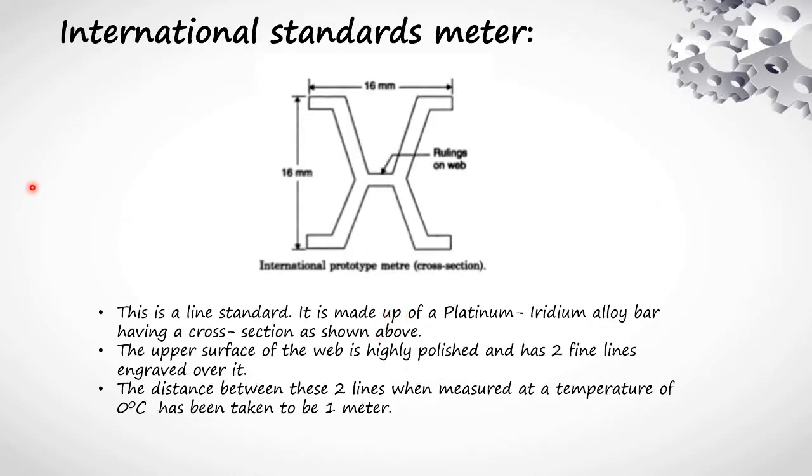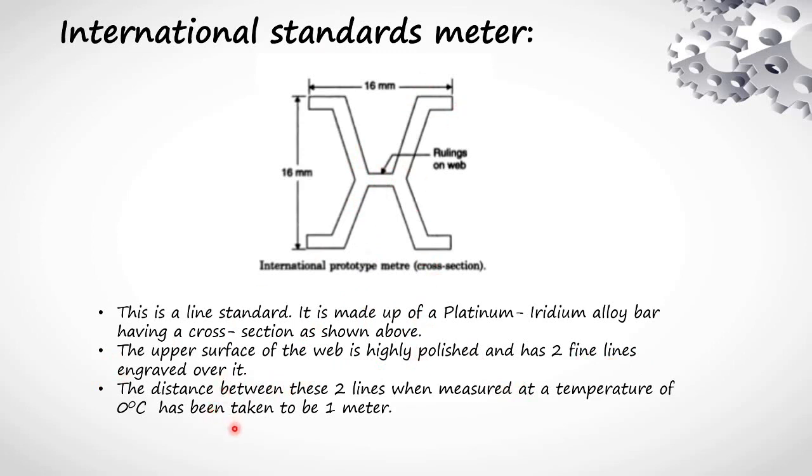Coming to the International Standard Meter, the diagram shows clearly the cross section of the International Prototype Meter. It is described here, and this is a line standard. It is made of a platinum iridium alloy bar having the cross section as shown above, that is 16 mm width and 16 mm height, and the web represents this small cross section, and the upper surface of the web is highly polished and has two fine lines engraved over it.